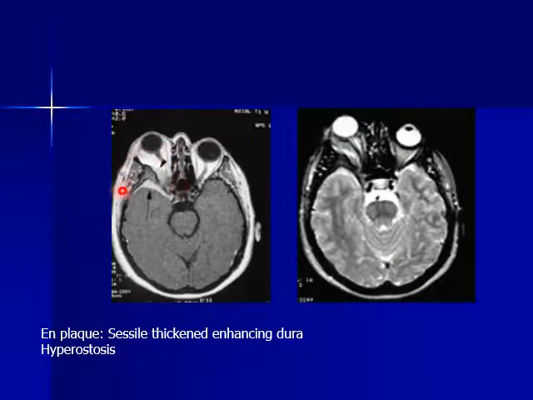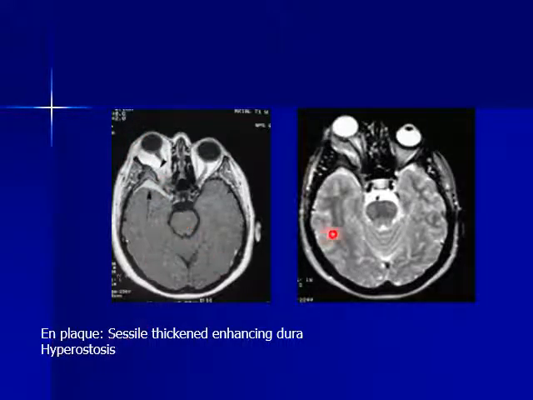A very common slide in your exam and in your practice is this pattern of en plaque meningioma. It is seen along the sphenoid ridge, having an intracranial thin rim of tissue, hyperostosis of the sphenoid ridge, and an intraorbital component causing proptosis on the same side.